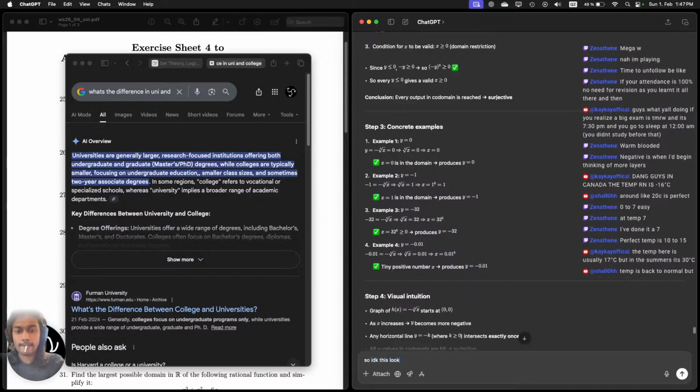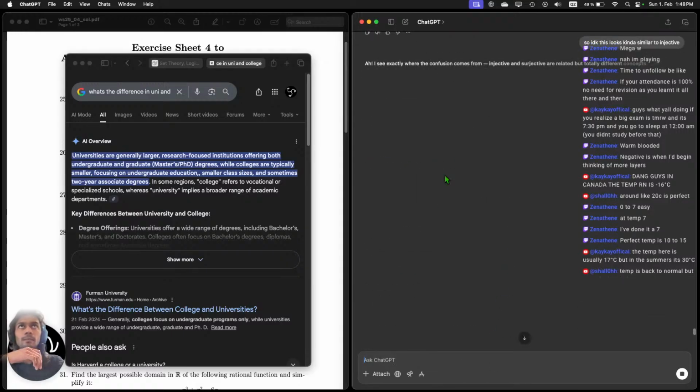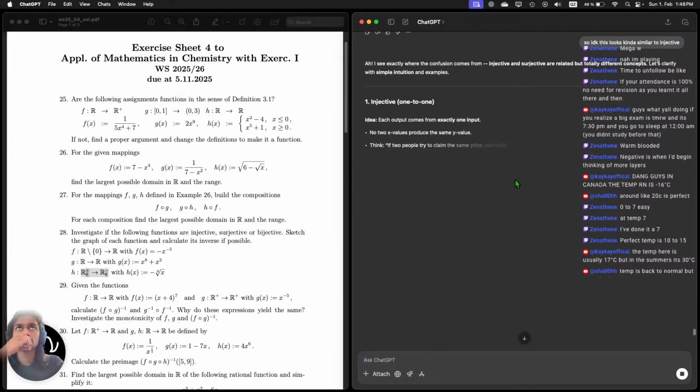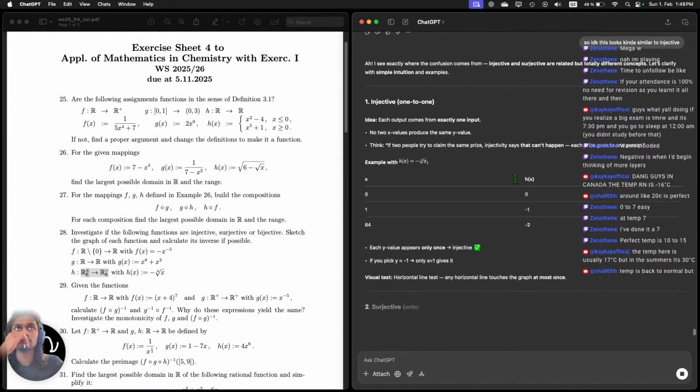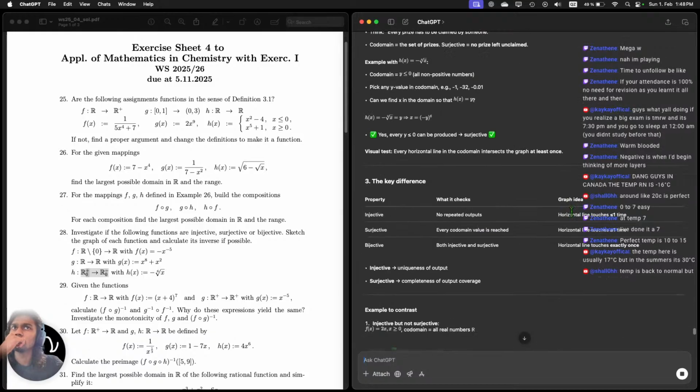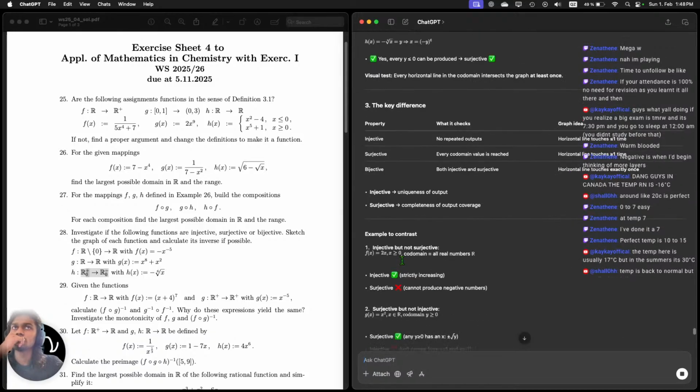This looks kind of similar to injective. Okay, no, no. Injective.